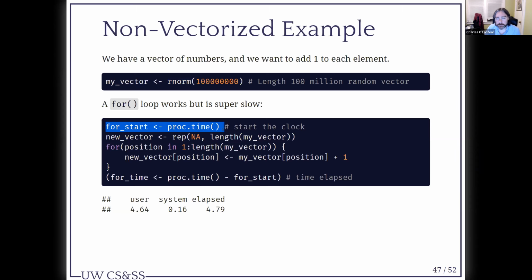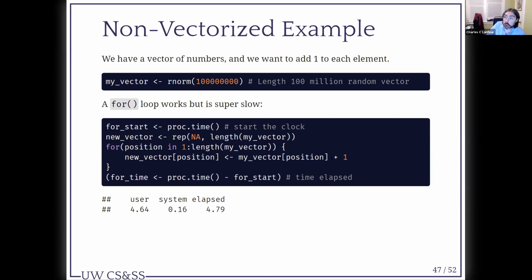Here I say my start time and my end time. Don't worry about this code. It's just here to display how long this loop took to run. I'm going to create a new vector filled with NAs of length 100 million. I'm then going to say for current position in 1 to 100 million, this vector's current value is equal to the old vector's current value plus 1.